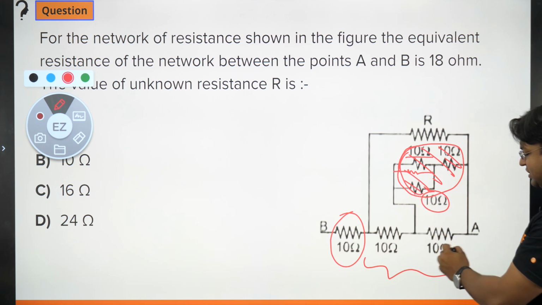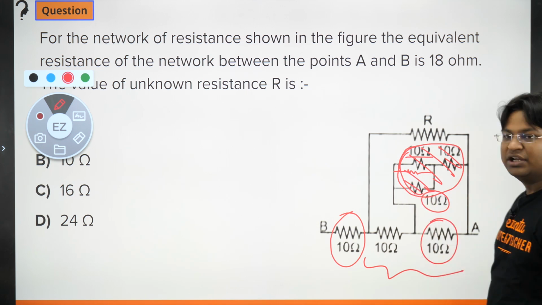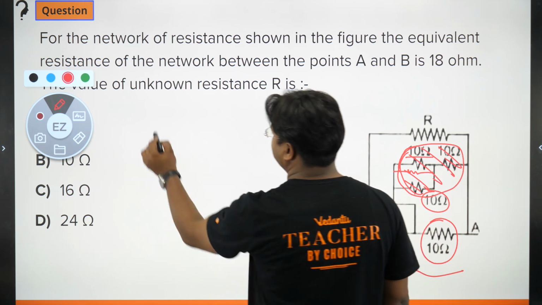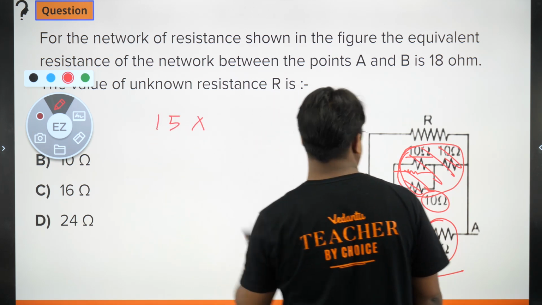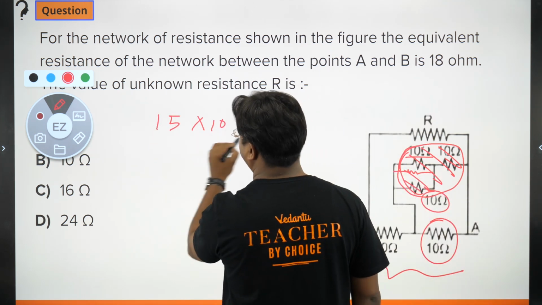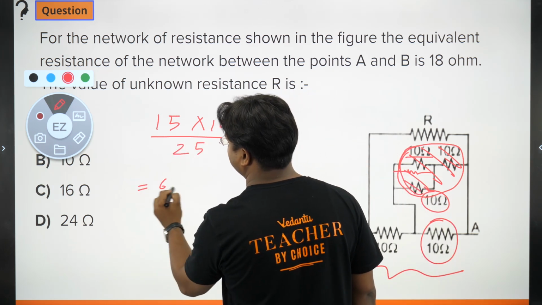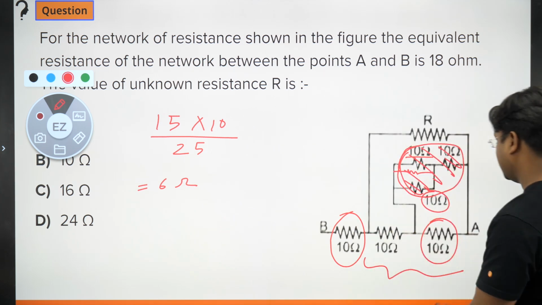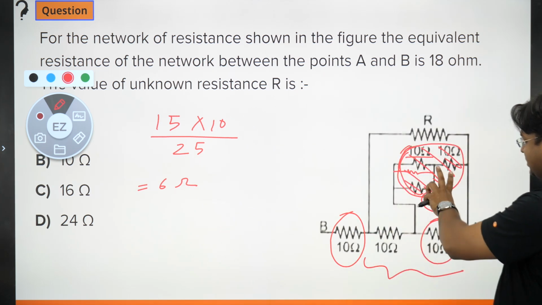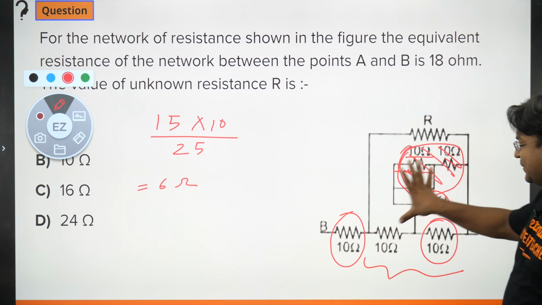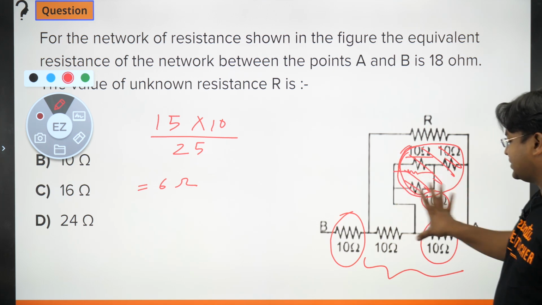This 15 and this 10 are connected parallelly. So their equivalent value will be 15 into 10 divided by the sum, which is 25. So it becomes 6 ohm. So the resultant of this entire thing is 6 ohm. 6 plus 10, that's 16.